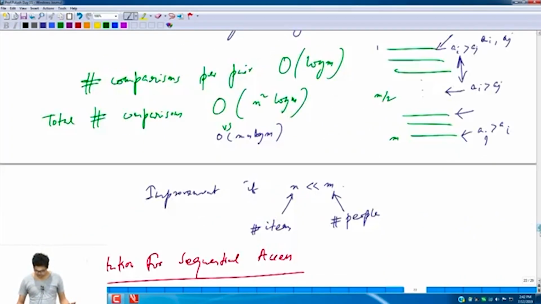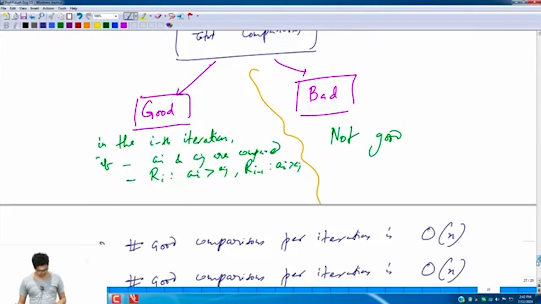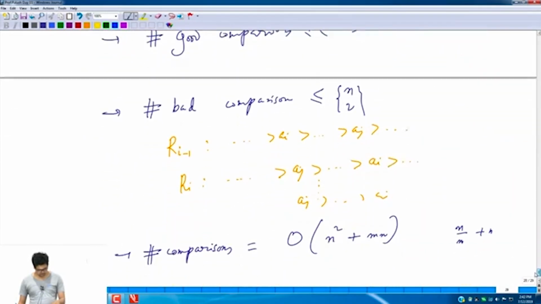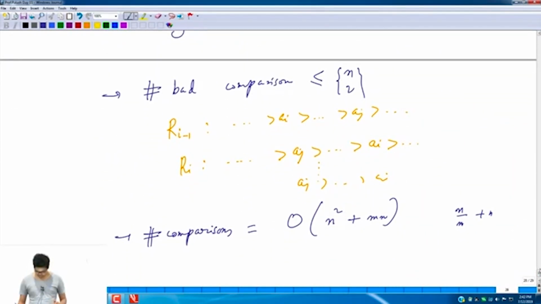Then your bad comparison argument, that for every pair you encounter only one bad comparison, is not valid at all, because the order in which you are accessing the people is not single crossing order. But let me keep this as a puzzle or exercise. You can tweak that algorithm a little bit and get a similar kind of guarantee. I think there you may get n cube, but that mn term will be the same. It will be like mn plus n cube kind of thing.